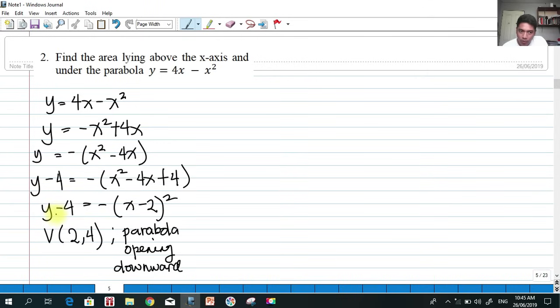So y, if you see y here, there are two openings with respect to y, upward and downward. So how will you know if that is downward or upward? You take a look at the sign again of x here, which is squared. So we have a negative here, so it means it's opening downward. So let me just try to draw. I hope I could draw it.